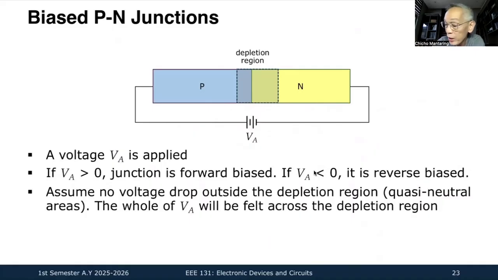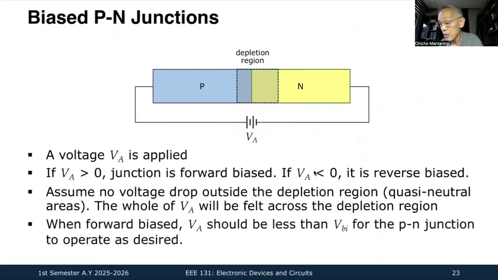If we assume no voltage drop across the quasi-neutral areas, no voltage drop here, no voltage drop here, the whole of VA will be felt across the depletion region. It will be imposed only across the depletion region.